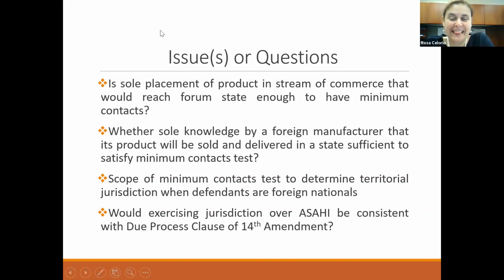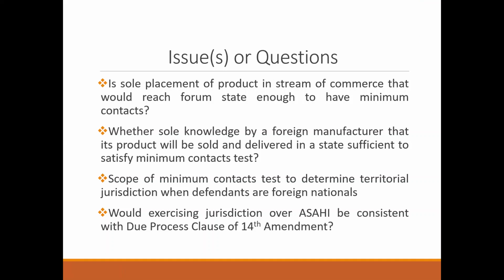Yes. The Supreme Court of California held that because Asahi was aware that its valves, which were sold to Cheng Shin and eventually bought by the Commerce into California, would be sold in California, that was sufficient to permit California to exercise jurisdiction over Asahi consistent with the requirements of the due process clause.